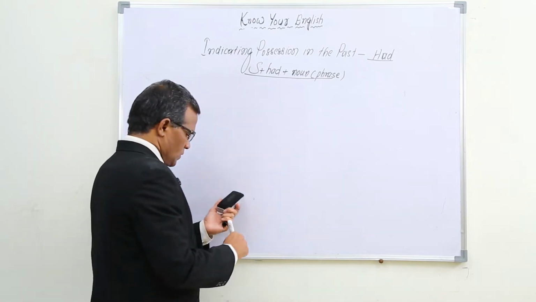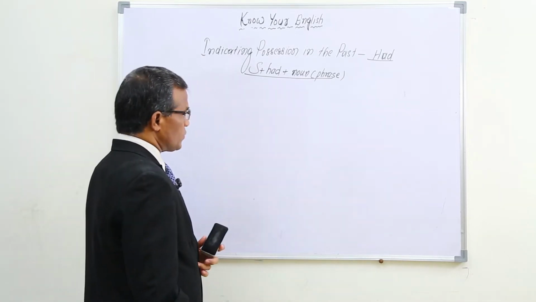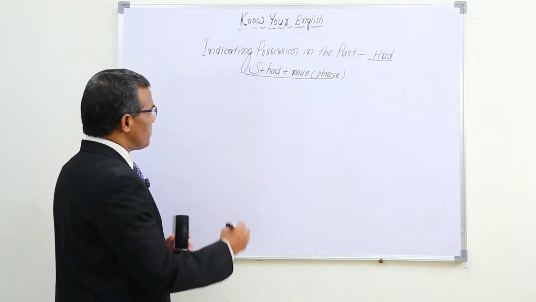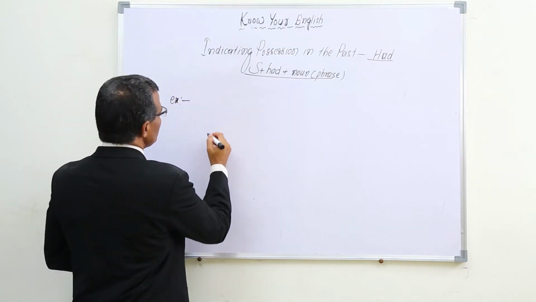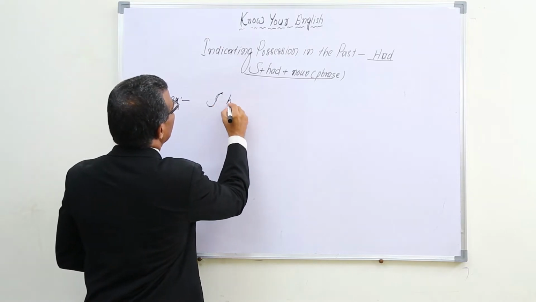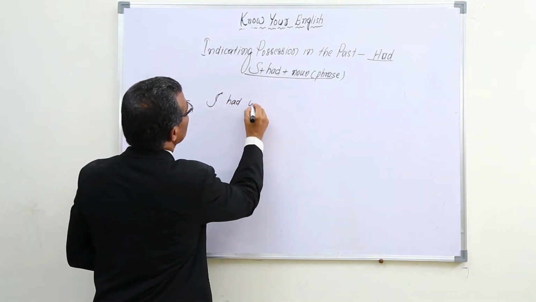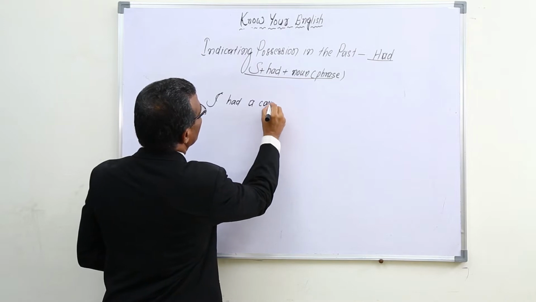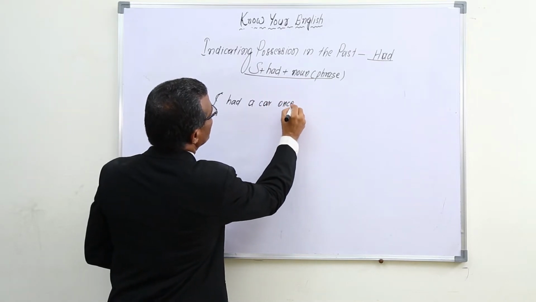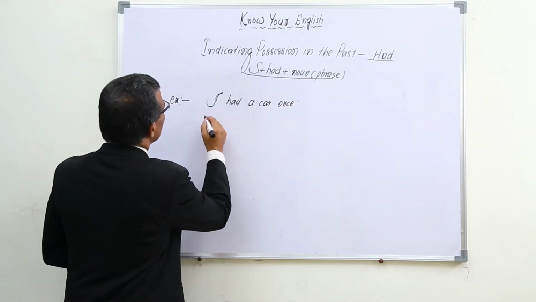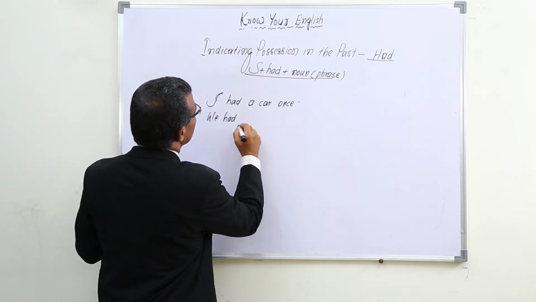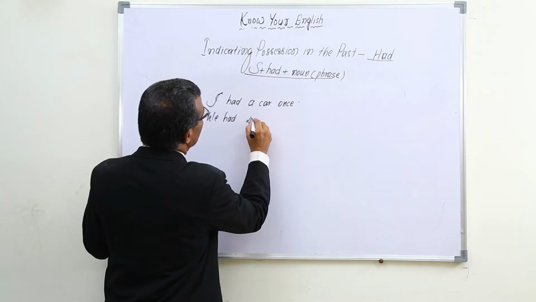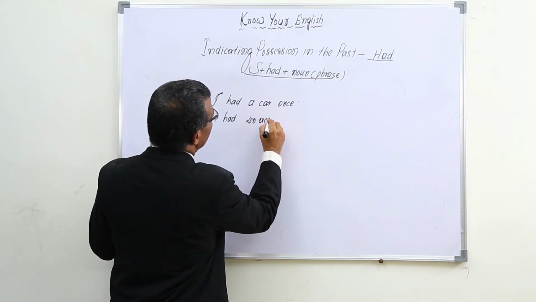Now I am giving examples. Number one, I had a car once. We had 40 acres of land.